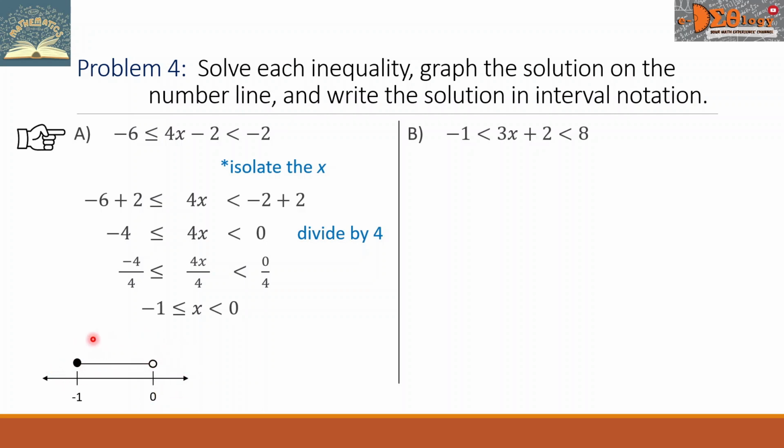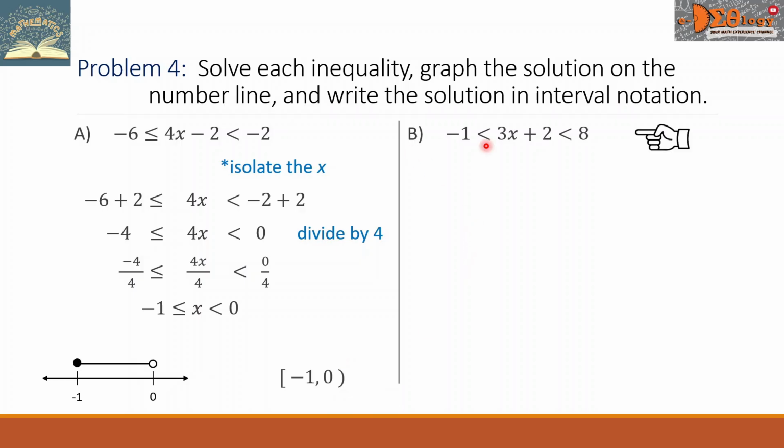This is now the answer for the number line. Now for the interval notation. We put this negative 1, comma, and 0. Then for this negative 1, because of this solid dot, we put a square bracket. For the 0, because this is a hole, we put a parenthesis.